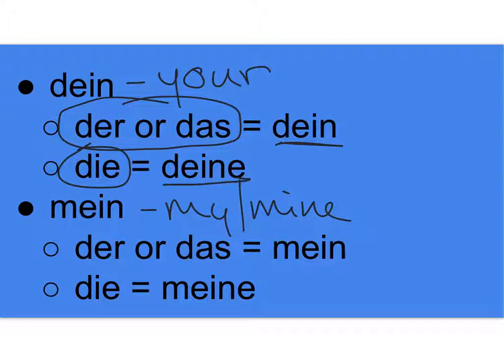So the way to think about this one is, if that word ends in an E, so does this one. So if it's a die word, it ends in an E, yeah? Then you add the E to the other one. Same thing works down here.